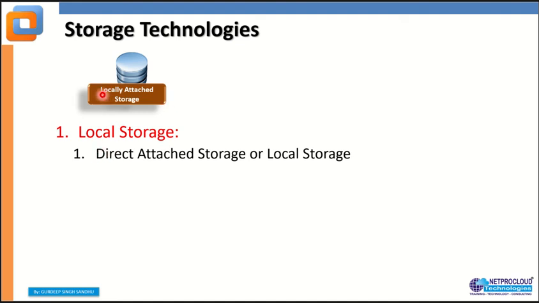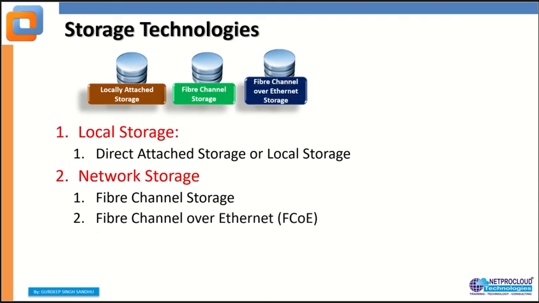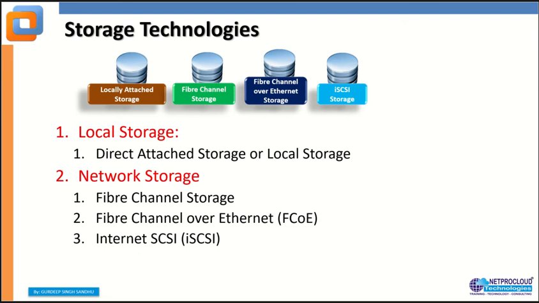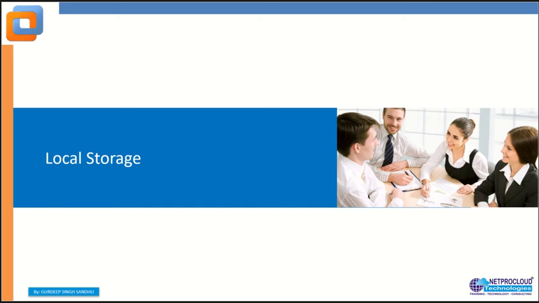LAS means locally attached storage, or we can also call it direct attached storage. Fibre Channel is a kind of network storage. FCoE is Fibre Channel over Ethernet. Then iSCSI storage, and NAS, meaning network attached storage. So let's study one by one.